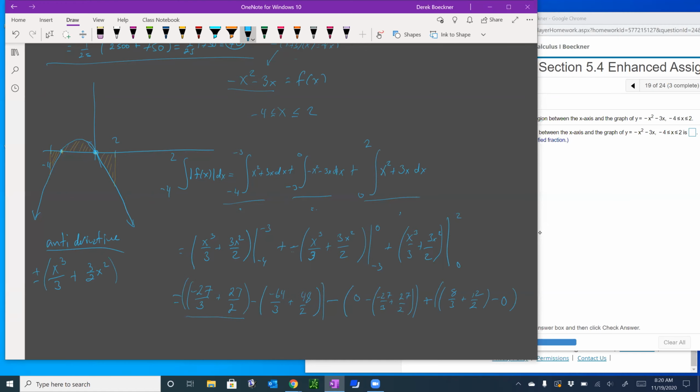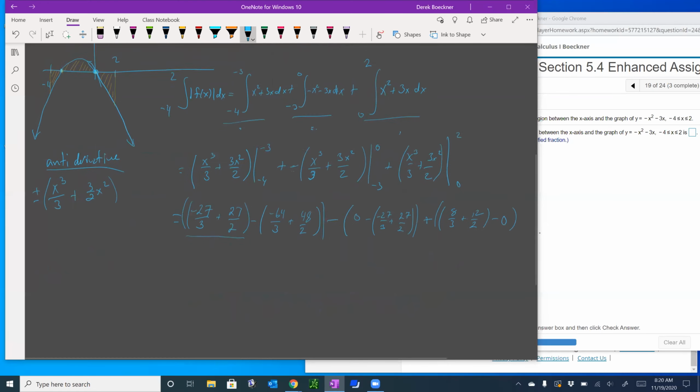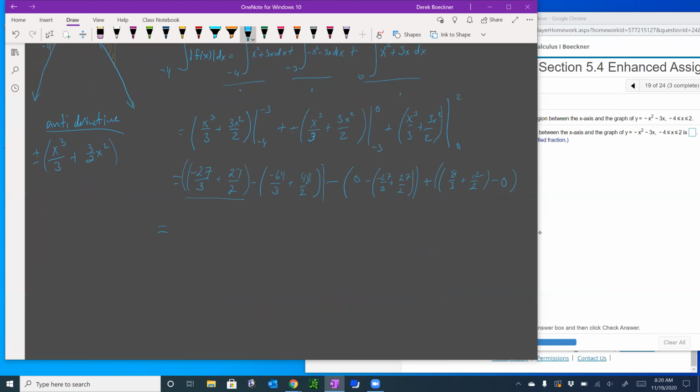Okay, so I've got those three things to add together. It looks like it's going to be easier to work with sixths, probably. Actually, we're going to end up working with thirds because this is a minus, which makes it a plus. So I've got 2 of these, and I'm going to cancel this one.